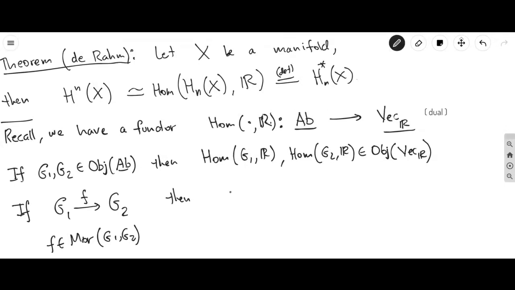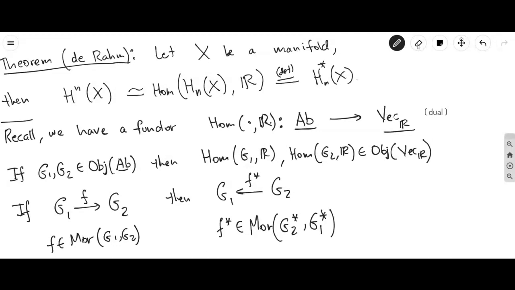Then you get the dual morphism, which now goes the other way. We just call it F dual, and you put an upper star because it goes the other way. This is now a morphism from G2 dual to G1 dual. So you interchange the domain and the codomain. So we have a functor, sometimes we say a contravariant functor, and these get interchanged.